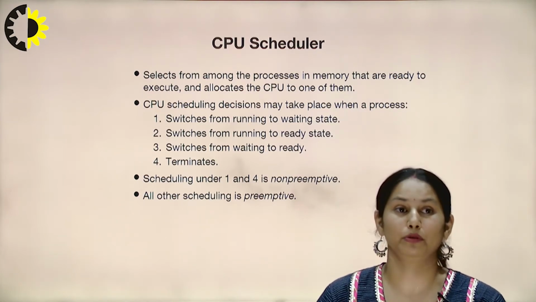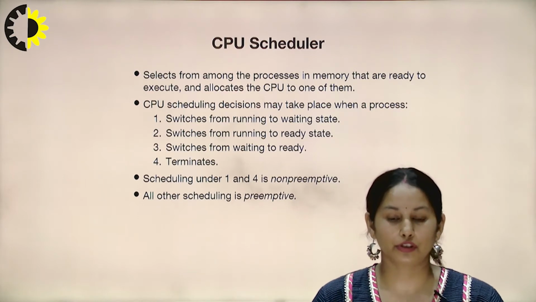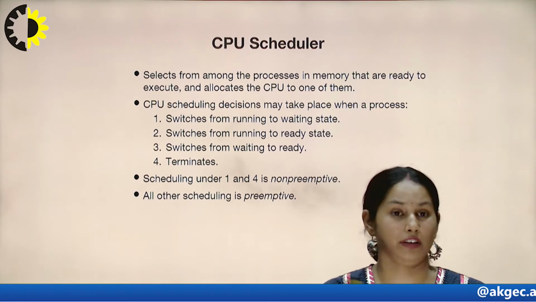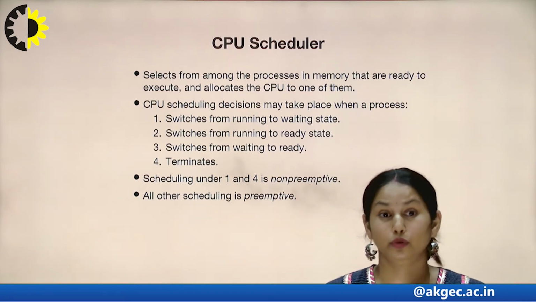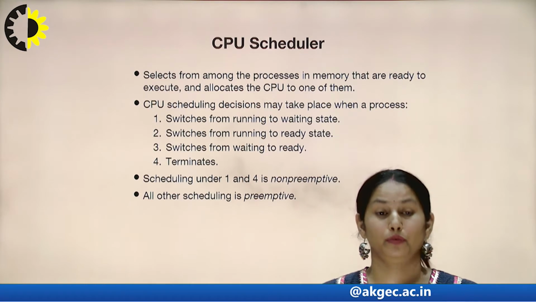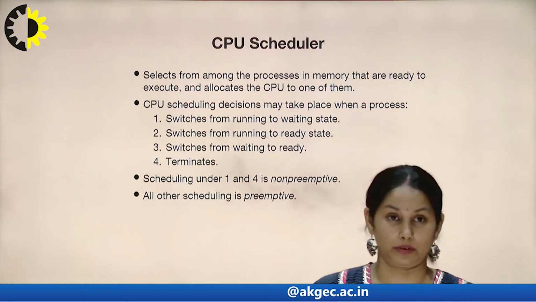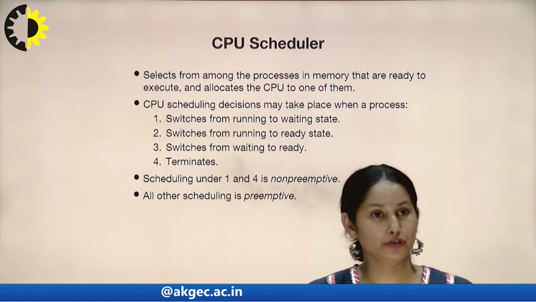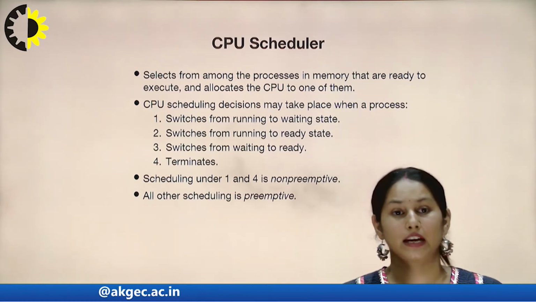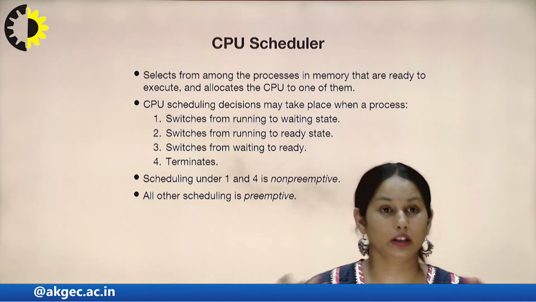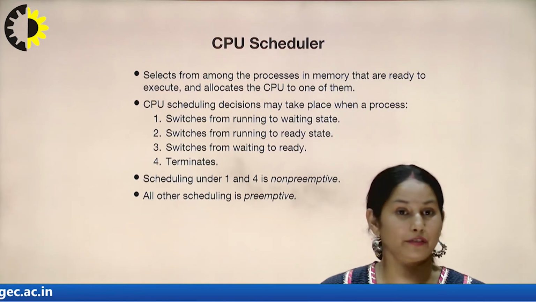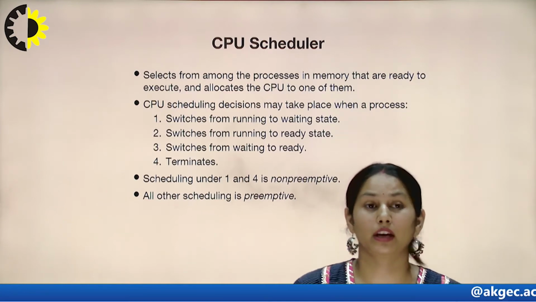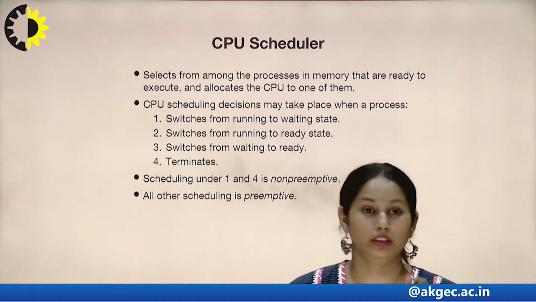Now the second point that needs to be taken care of is the CPU scheduler. So what is the CPU scheduler? Basically, the scheduler is going to select from the various processes those which actually need the CPU. It selects among all the processes in memory that are ready for execution, and the scheduler is going to allocate the CPU to one of these processes.